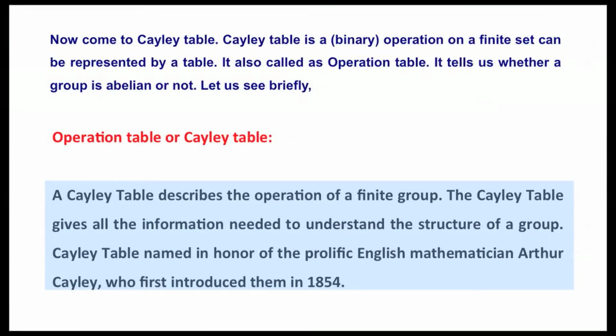A Cayley table describes the operation of a finite group. The Cayley table gives all the information needed to understand the structure of a group. The Cayley table is named in honor of the prolific English mathematician Arthur Cayley, who first introduced them in 1854.